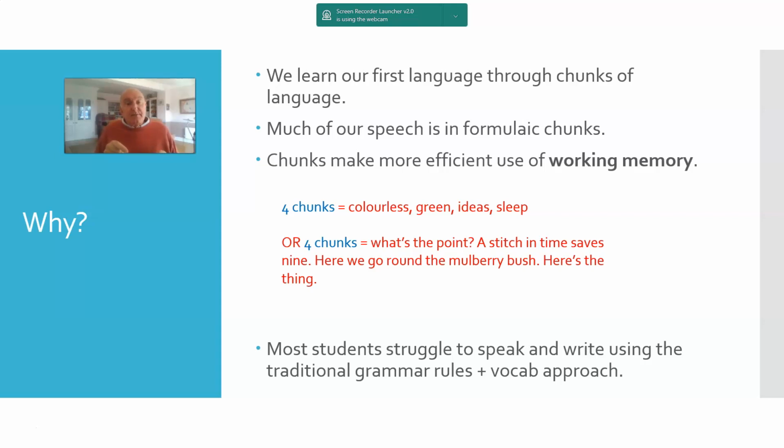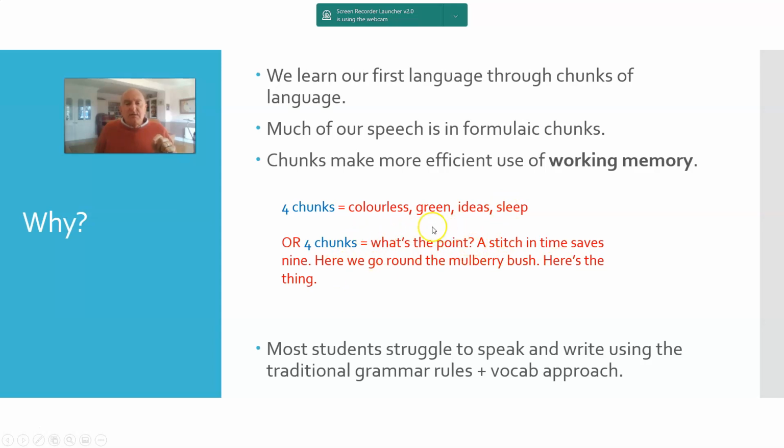Now, those bits of information could be individual words: colourless, green, ideas, sleep. You get a bonus point, by the way, if you know where those 4 words come from. Or it could be in the form of 4 chunks. What's the point? A stitch in time saves 9. Here we go round the mulberry bush. Here's the thing.